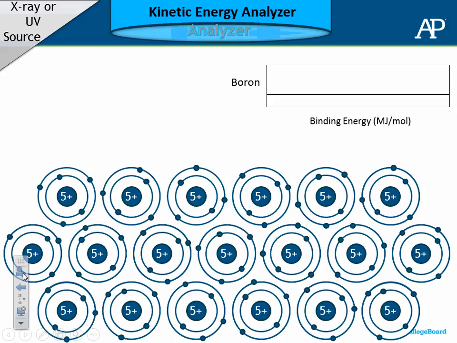So here's boron with its 5 protons and its 5 electrons, 2 in the inner shell, 3 in the outer shell. If you think about what you're going to see of the data, we should have 1 spike that is a larger amount of binding energy, and we should have another spike that is a lower amount of binding energy.